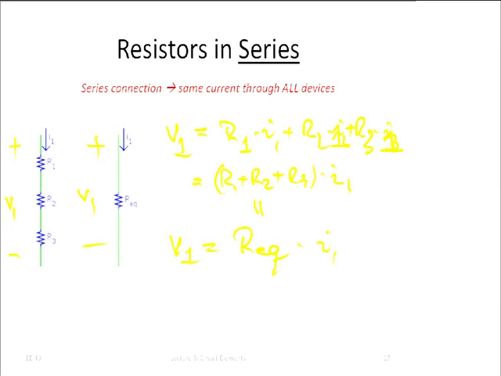Components in series means that the current running through them is the same. If I had, for example, an additional branch here that ran off somewhere else in the circuit, the components would no longer be in series, because the current through resistors R1, R2, and R3 would not be the same. But if I don't have this, they're in series.